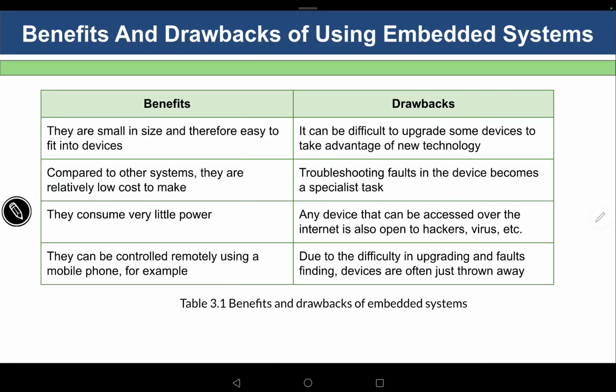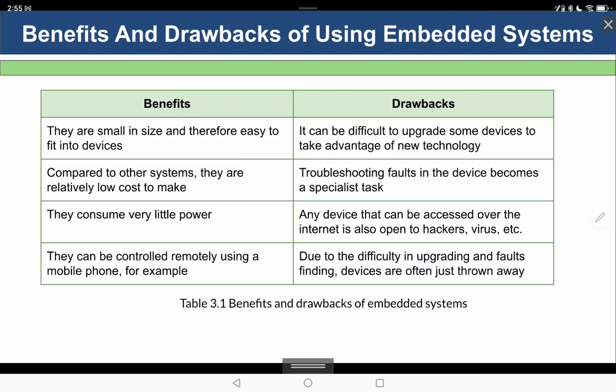Now let's look at the benefits and drawbacks of using embedded systems. We said that embedded systems are small in size, therefore it is much easier to fit them into devices. Compared to other systems, they are relatively low cost to make, meaning that they are not expensive to make, and they also consume very little power.